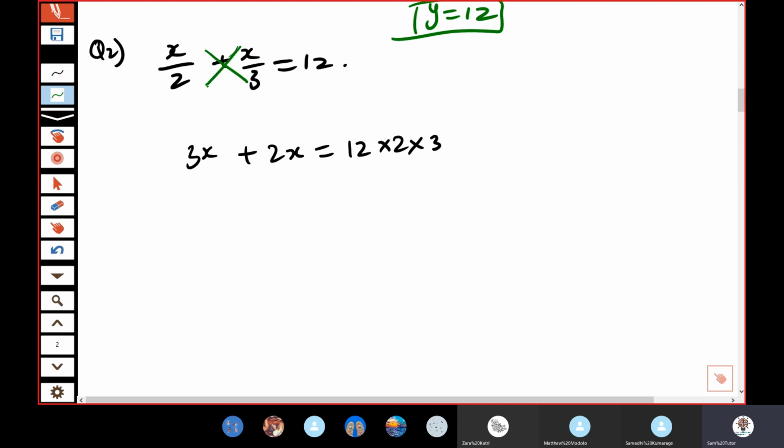So 3 times x, 2 times x. Can we see that? 3x, 2x. And then they go, this 2 and 3, bring it over here. So some kids can see it that way. That's great. Otherwise, this will never fail you: cover, multiply by the other. That becomes 3x plus 2x is 5x. 12 times 2 times 3 is 12 times 6, 72. x equals 72 on 5.